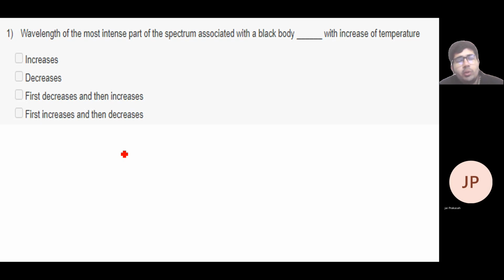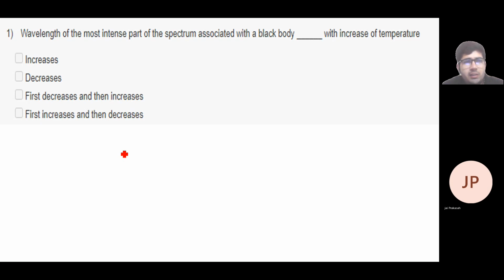The most intense part means the part where, for that temperature, the radiance has its maximum value.